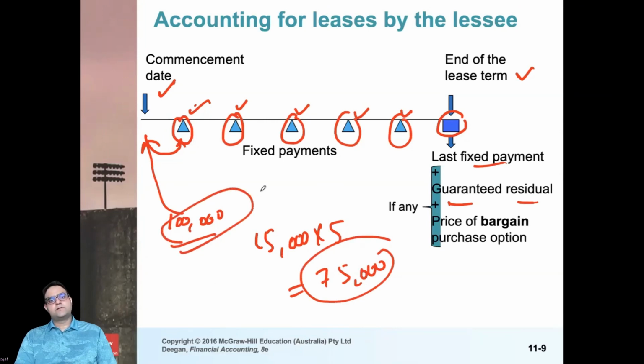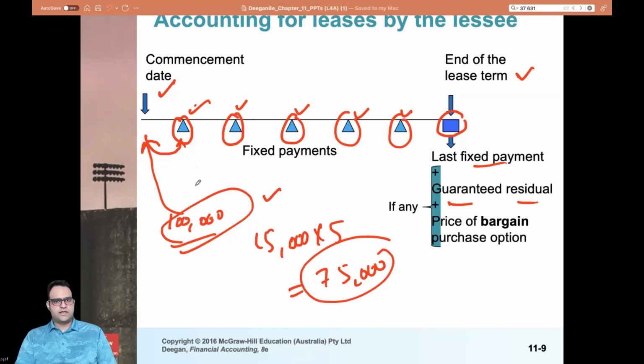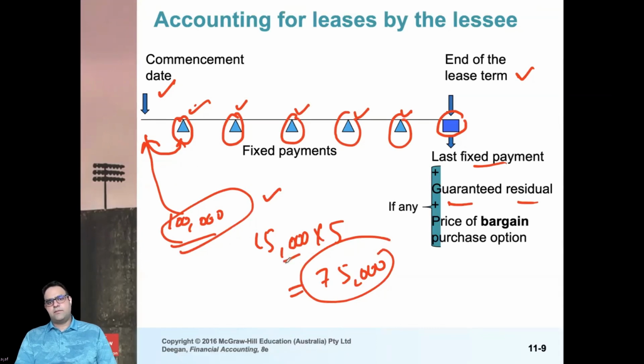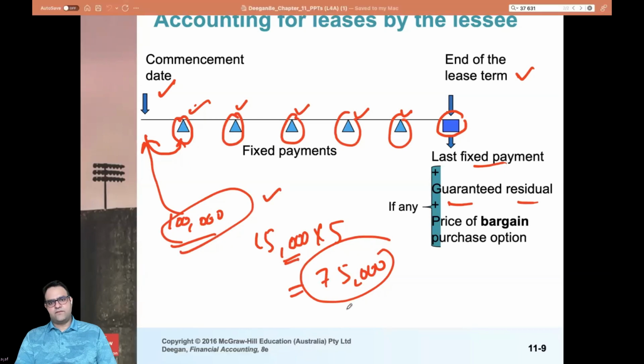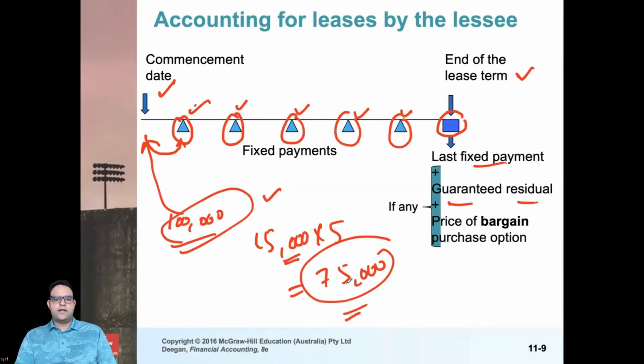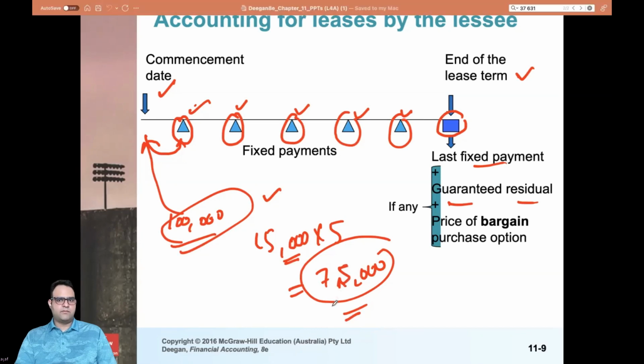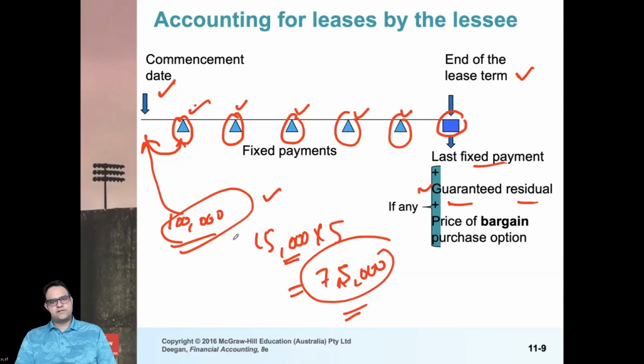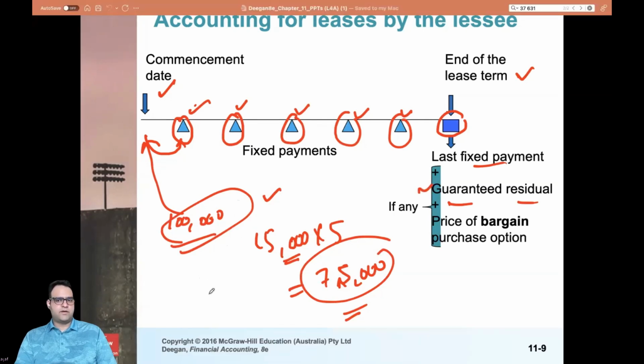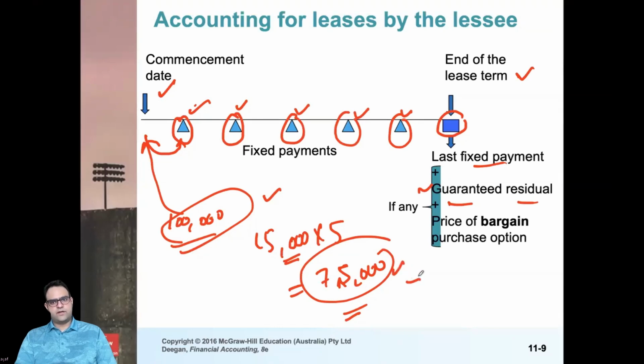The asset value is 100,000 when the lease contract is signed. The lessee makes payments for 5 years in 5 installments, and after that they use the asset and have to return it. But at that time they make a guarantee about the residual amount, which is the difference between the fair market value of the asset and whatever you have paid so far. For example, the fair market value at year 5 will be 80,000.